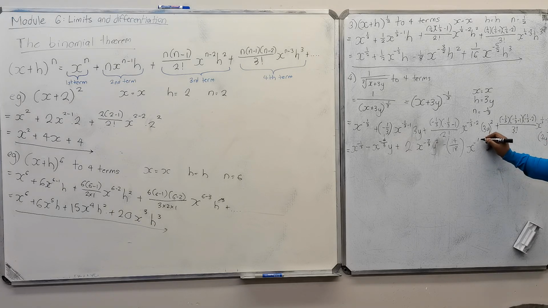So 4 minus 10 over 3. And then here you're going to end up with 27y cubed, right?